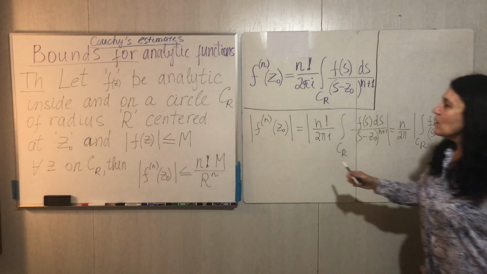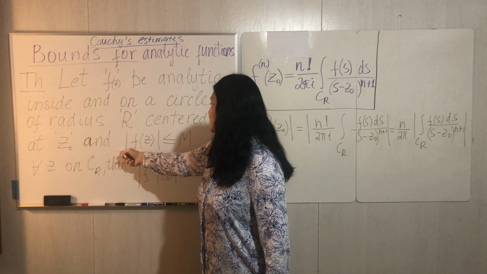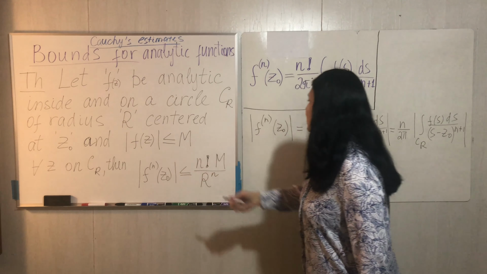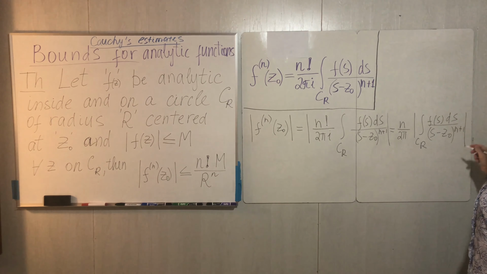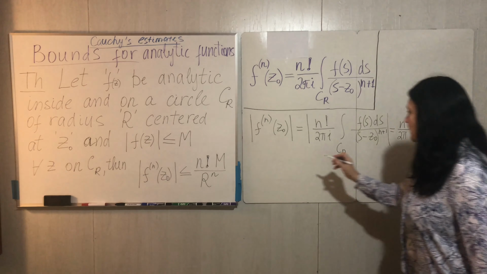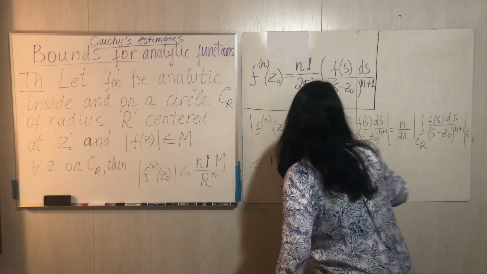Now let's go back to our theorem. That's what we are given, that f of z is bounded. So then we can write less or equal.